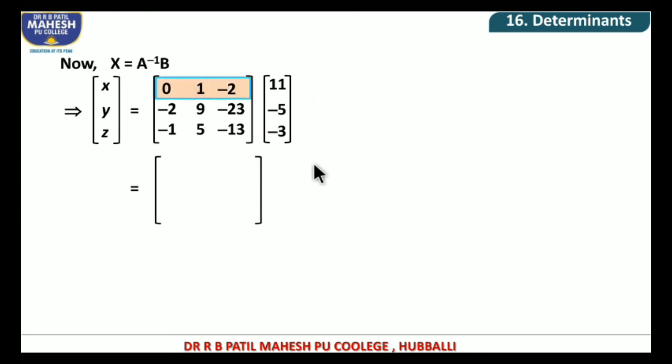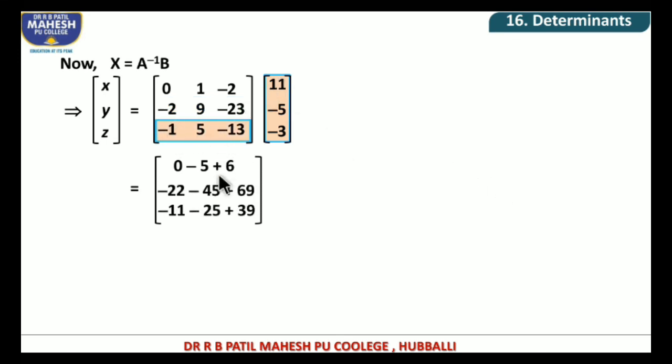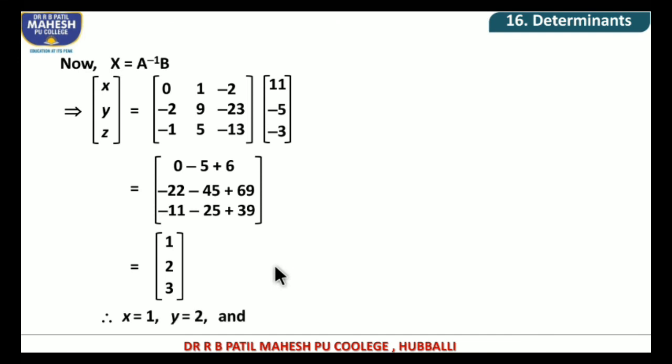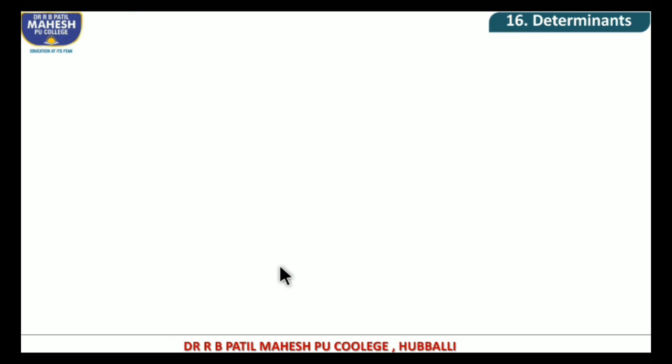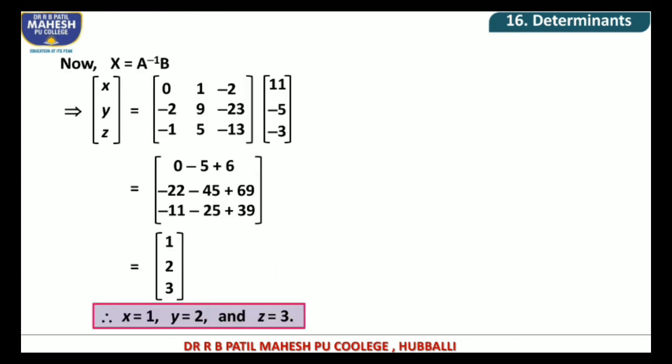Therefore, first row and first column we have 0 minus 5 plus 6, and second row and first column here we have minus 22 minus 45 and plus 69. Next we have minus 1 into 11, that is minus 11, minus 25 and plus 39. After simplifying we have 1, 2, 3. Therefore, we have the value of X is equal to 1, Y is equal to 2 and Z is equal to 3, the solution of this given system of equations.